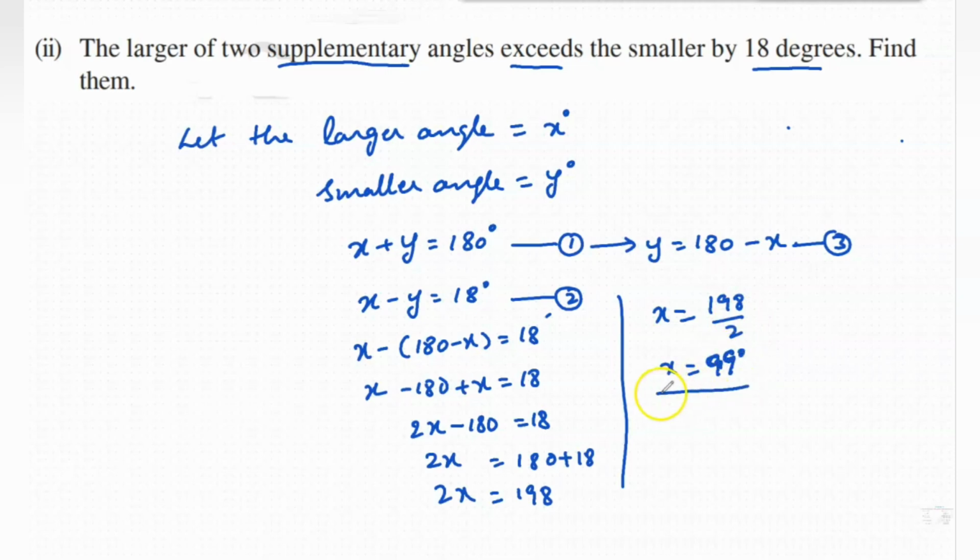After getting x is equal to 99, let us substitute that in equation 3 to get the y value. y is equal to 180 minus 99, which gives you y is equal to 81 degrees.